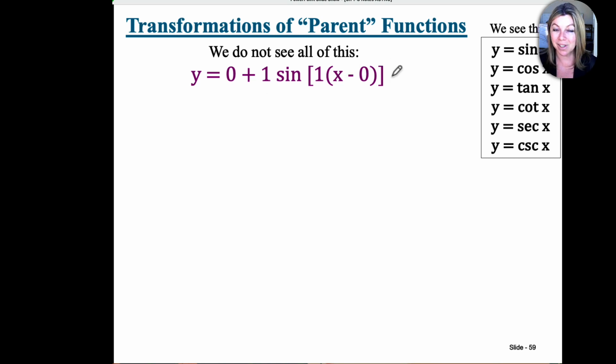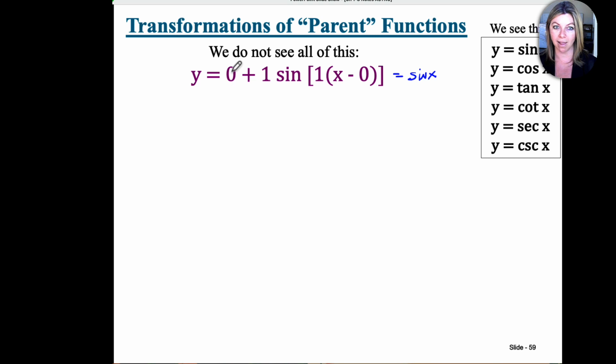All of this right here, if we simplified it, it would just be equal to sine x. None of these things change the value of sine x, as 0 addition of 0, subtraction of 0, multiplication of 1. That's because 0 is the additive identity and 1 is the multiplicative identity. So they don't change our value of sine.